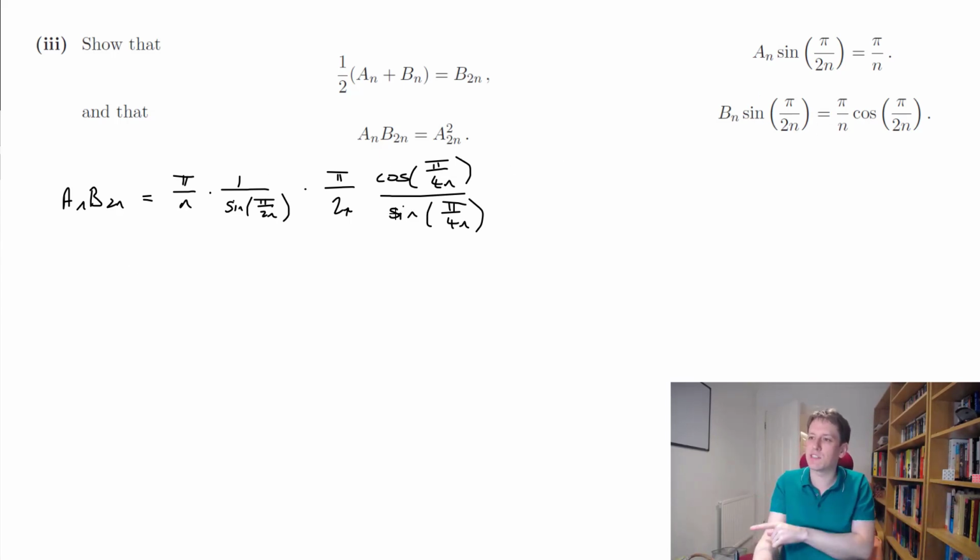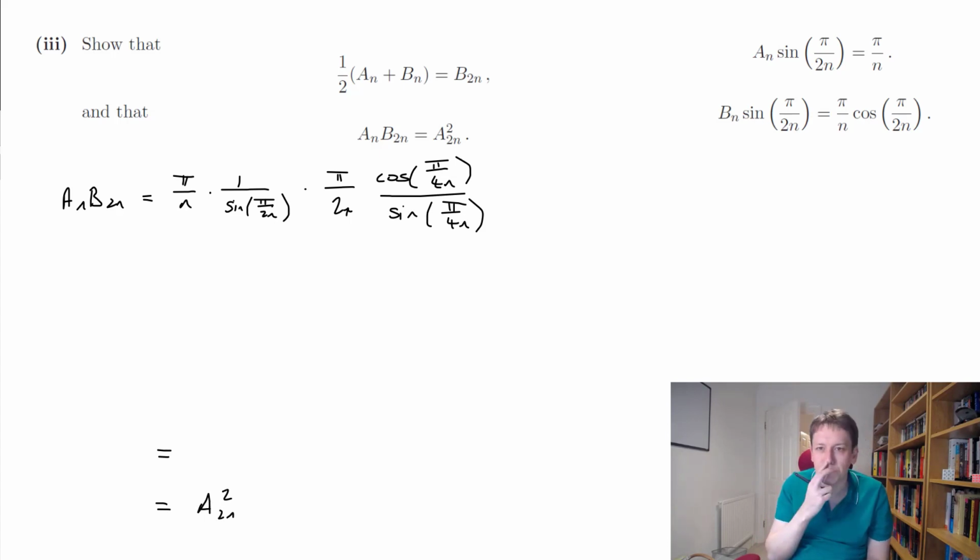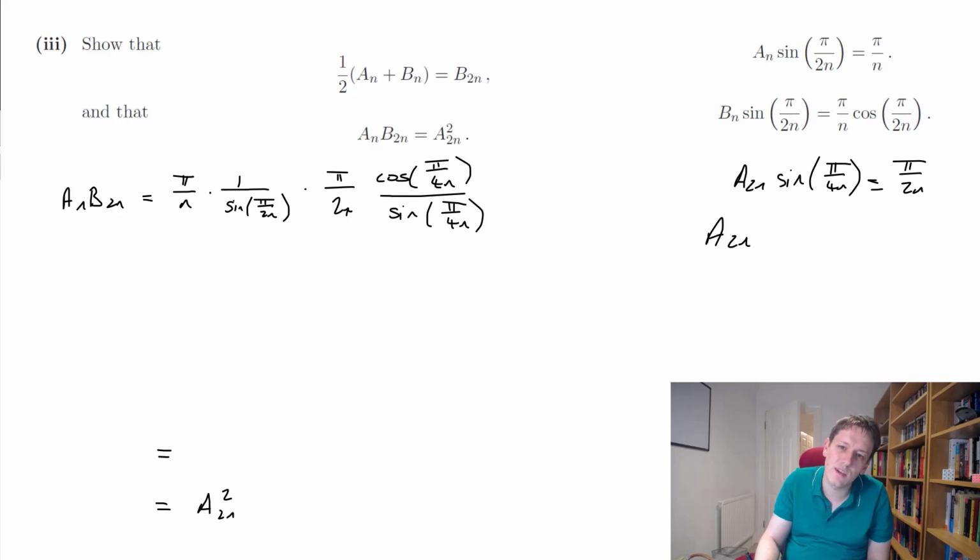Okay, so now again, it's quite useful to think about where we want to end up here, right? We want to end up with a 2n squared, and in this statement here, if I write it with 2n, I get a 2n sine pi over 4n is pi over 2n. So actually a 2n squared is going to be pi over 2n squared times 1 over sine squared pi over 4n.